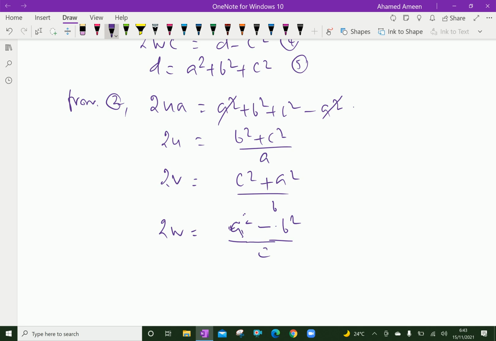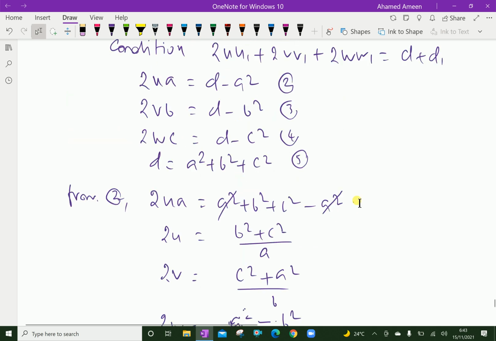So we have the values of 2u, 2v, 2w, then substitute in equation 1.